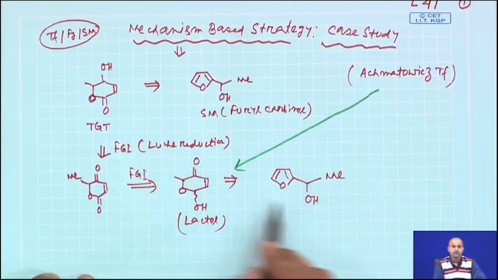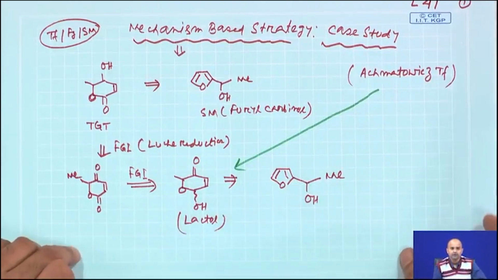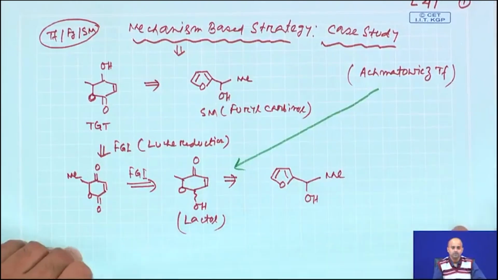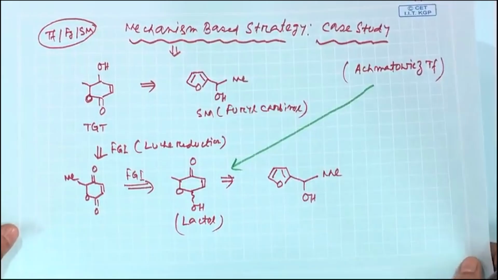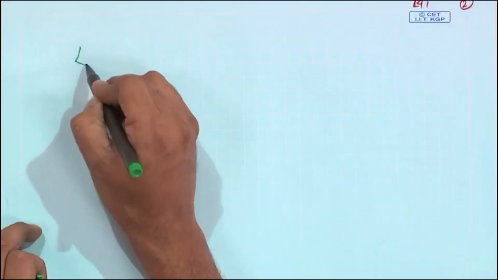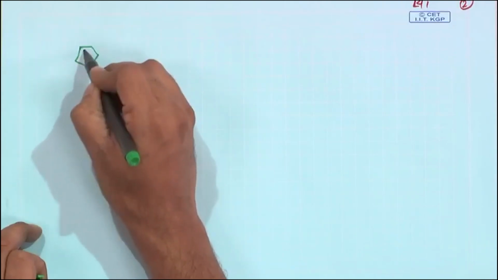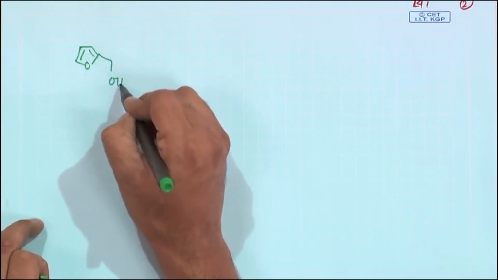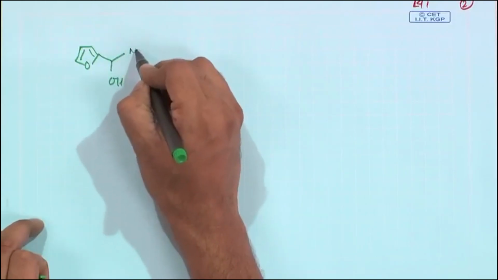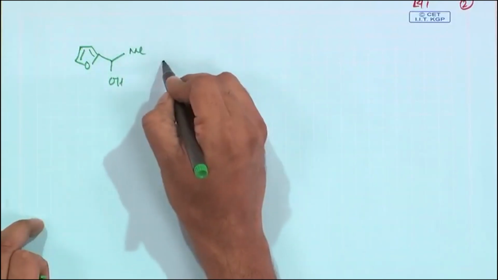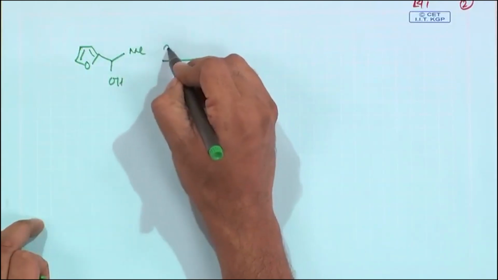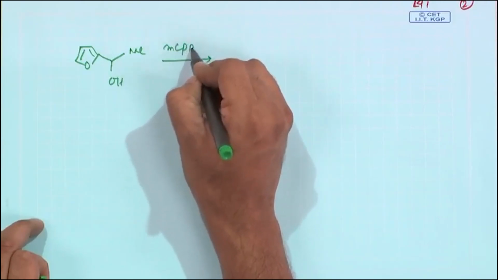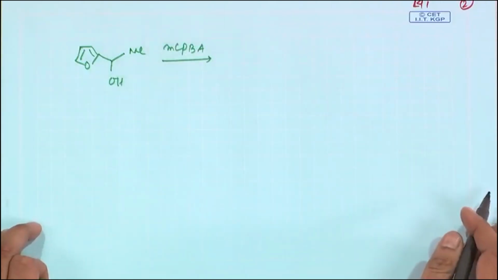And eventually, visualization is a bit difficult until and unless you know the mechanism very clearly. So, now we will try to explain how this mechanism is operating. We have probably explained it earlier, but still we talk about this mechanism. A furyl carbinol was taken and initially subjected to mCPBA, an oxidizing agent.